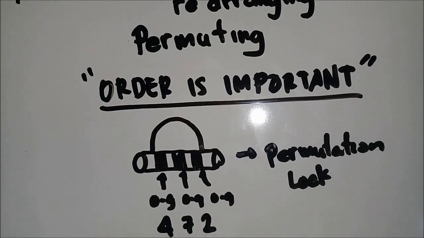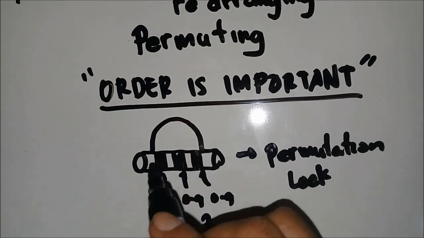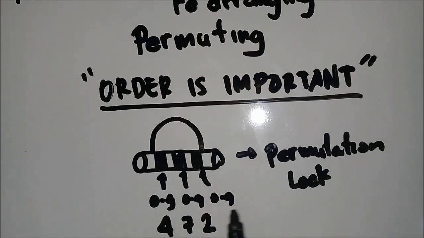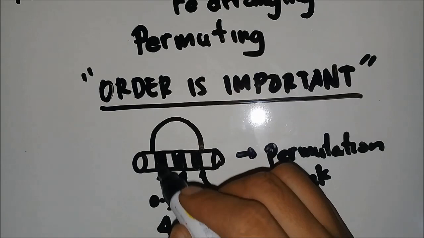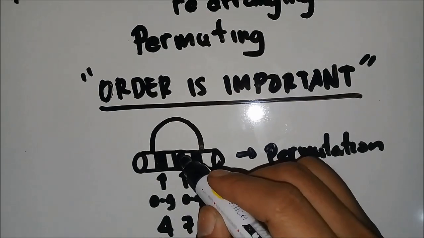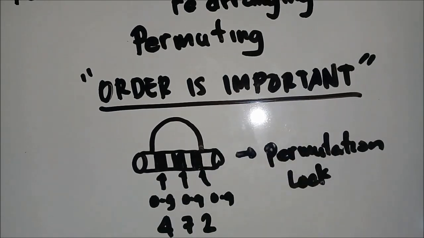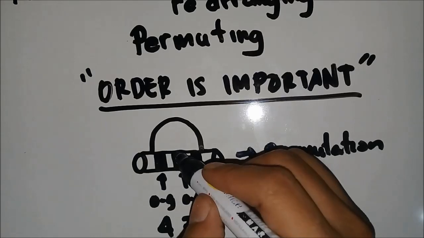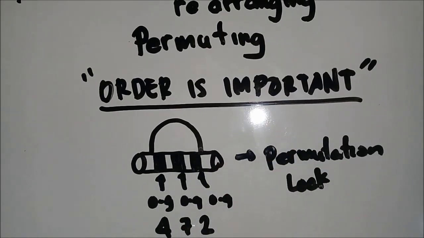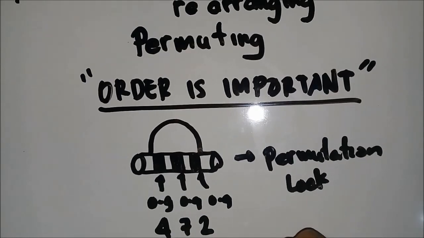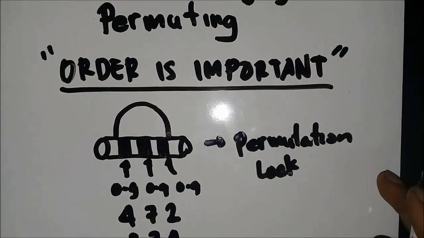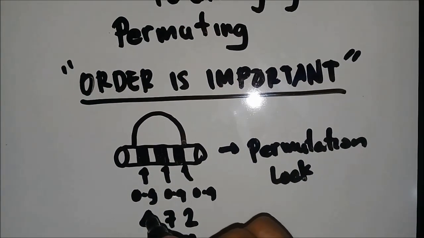This lock won't unlock if you don't put 4 on the first place and 2 on the third place. In short, it must be exactly 4, 7, 2 in that same order. 2, 7, 4 will not do it, nor 7, 4, 2.